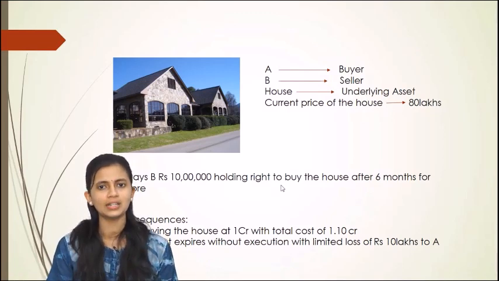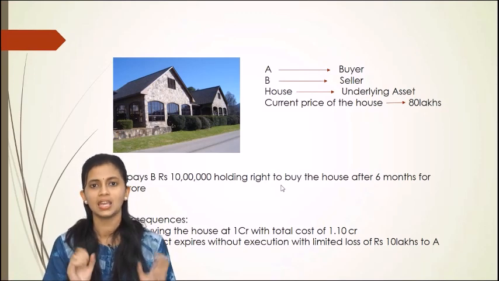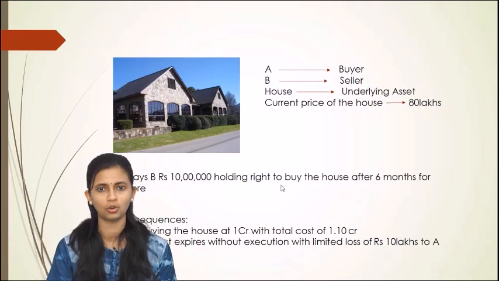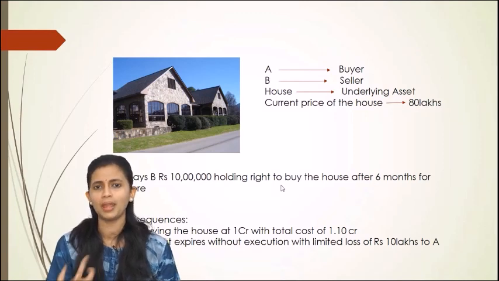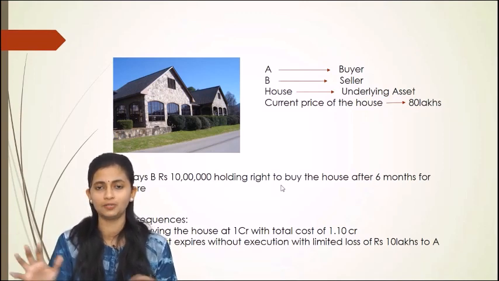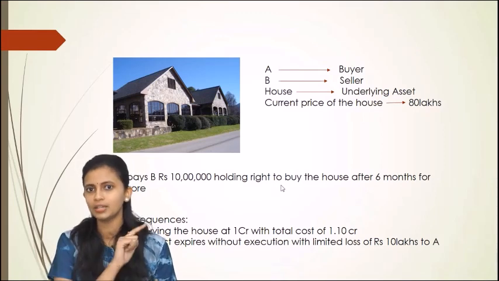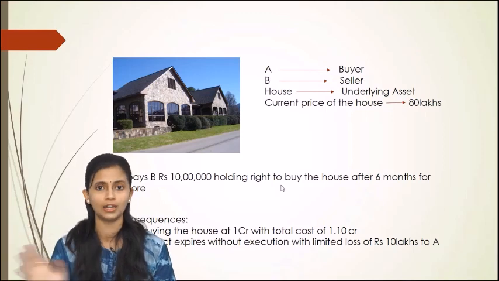Now A, after listening to these rumors and analyzing the news, is of the opinion that the value of that house will definitely go above 1 crore after 6 months if that metro line comes there. He wants to make sure that if the news does not turn out true, he doesn't want to buy that house and fall into a trap. He wants to buy that house only if the metro line comes and its value goes beyond 1 crore.